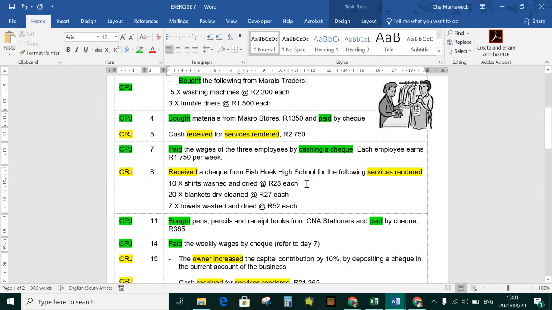So with your calculator, 10 times 23 will give you 230. 20 times 27 should give you 540. And 52 times 7 should give you 364 Rand. We're now going to take these three values and add them together. So 230 plus 540 plus 364, you should get 1,134.